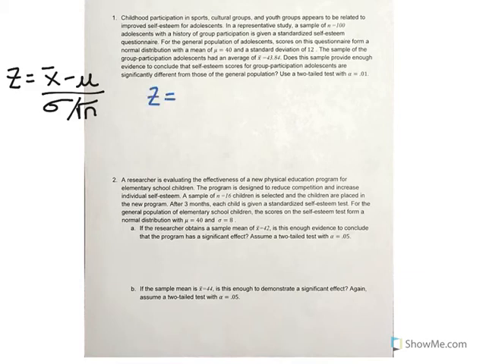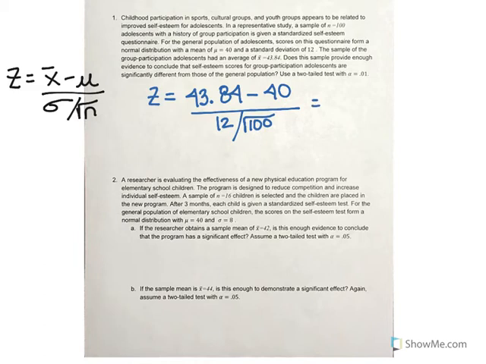We're going to say our sample mean is 43.84 minus the population mean of 40 divided by the standard deviation of 12, which will be divided by the square root of n, which is 100.